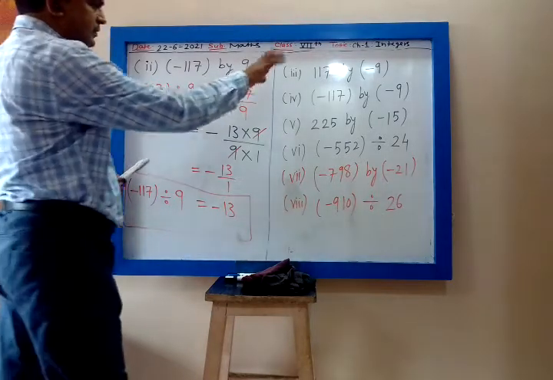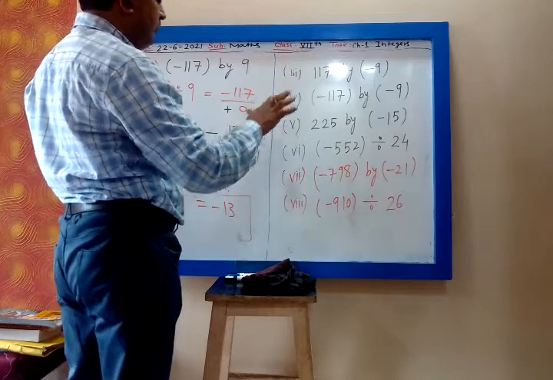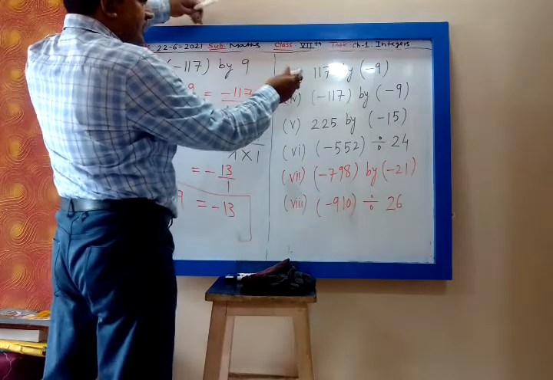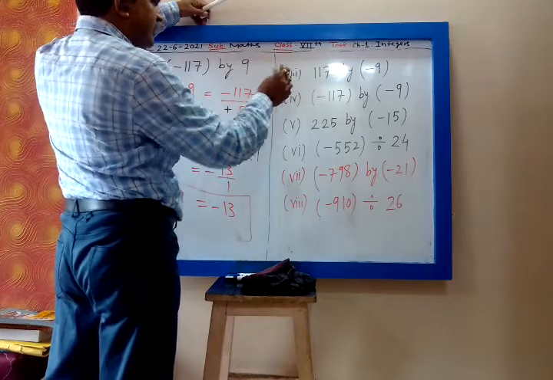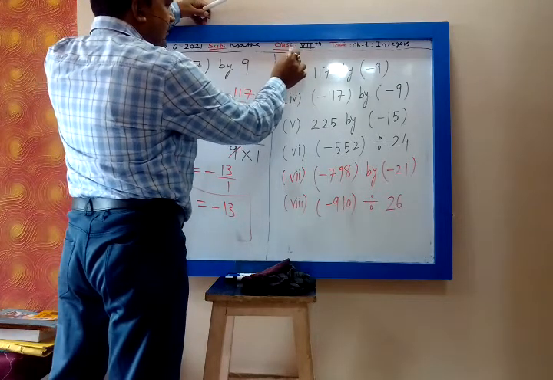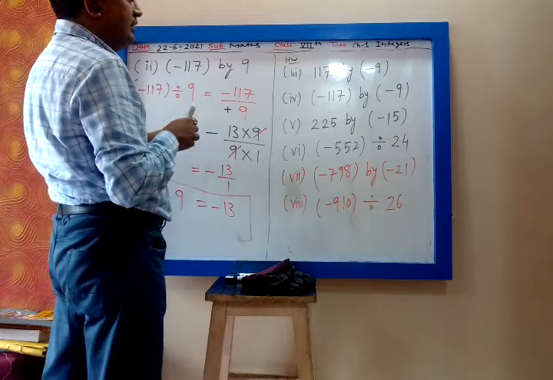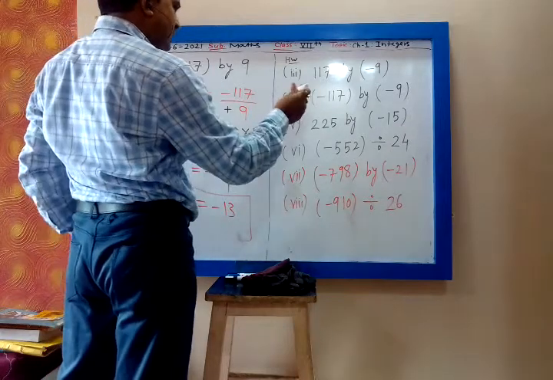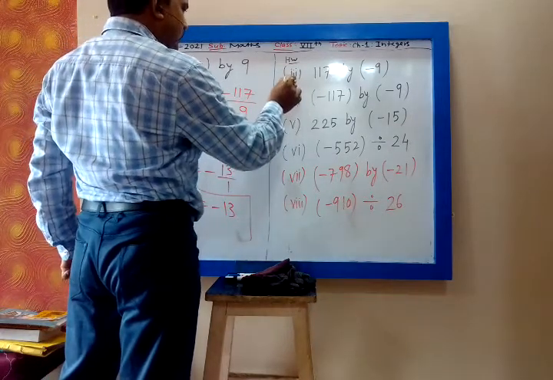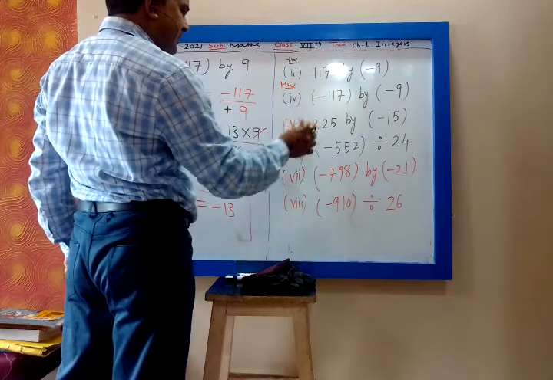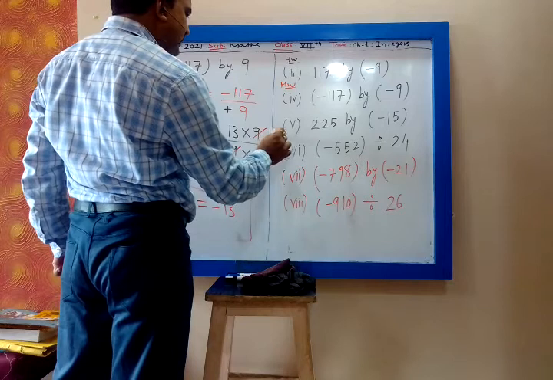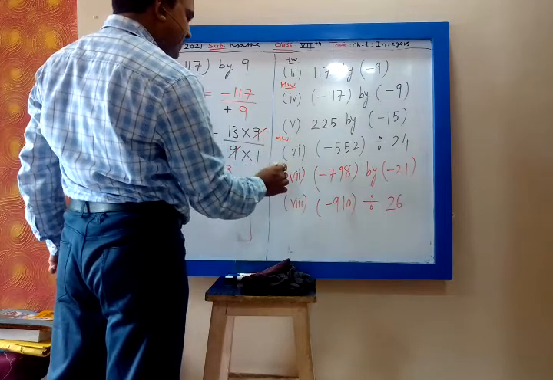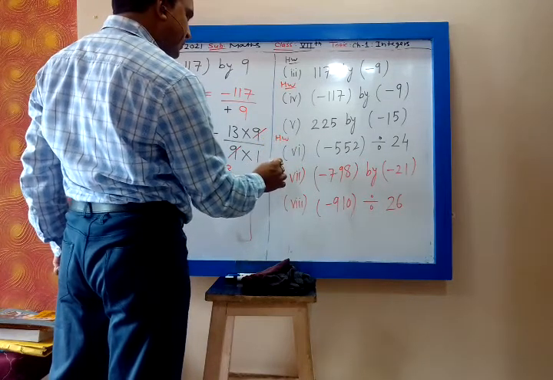See, my dear, wait. Do not worry. Third I am going to give as homework. Then fourth will be homework. Let me do the difficult part. Now fifth I will do. Then sixth and seventh will be homework.